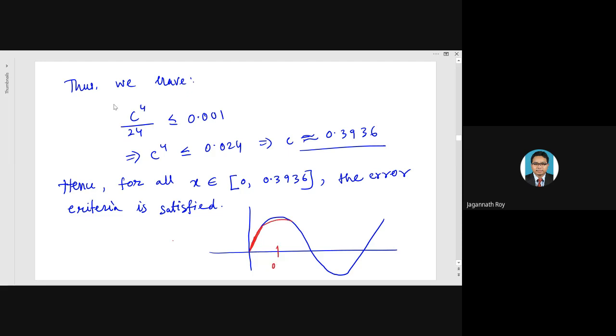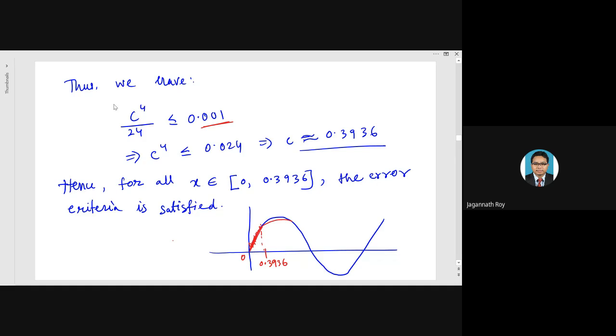So maybe this is 0 to C, 0.3936, up to this point. The difference between the sine curve and the polynomial is actually less than this one. This will satisfy. That means for this many points, the polynomial is actually matching with the given curve. So that is the actual meaning of error.